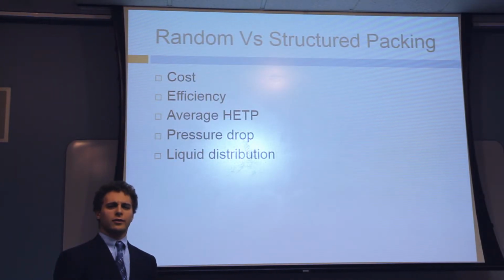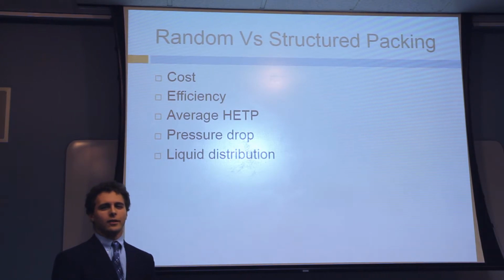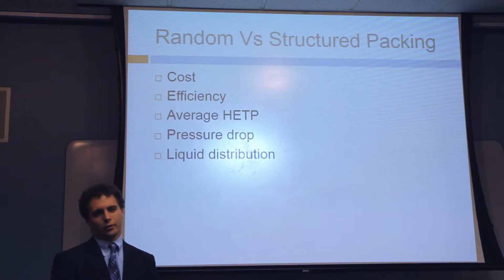How do you choose what type of packing to use? As Tariq mentioned, there are countless different types of packing available, and much of comparing the strengths and weaknesses would involve experimental data. However, there are trends that generally hold true when comparing random packing to structured packing.